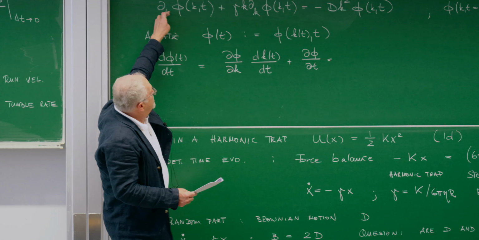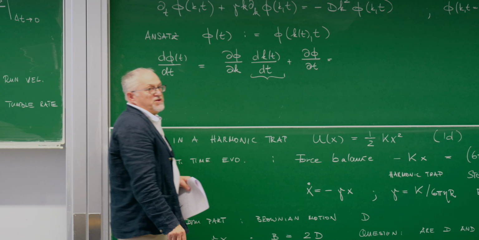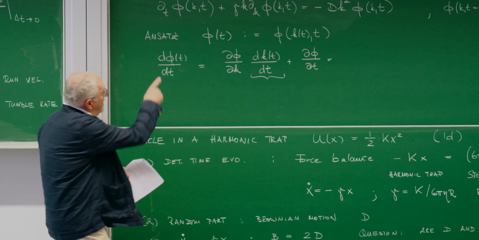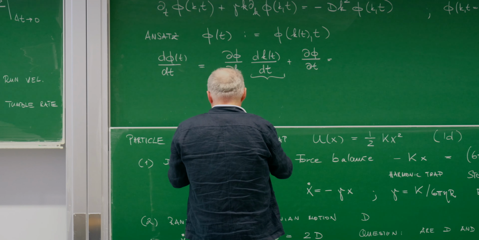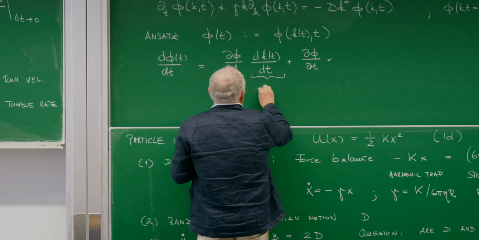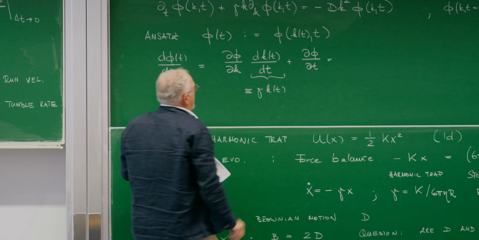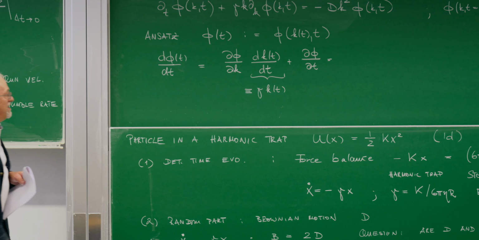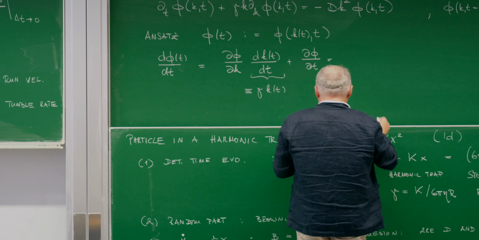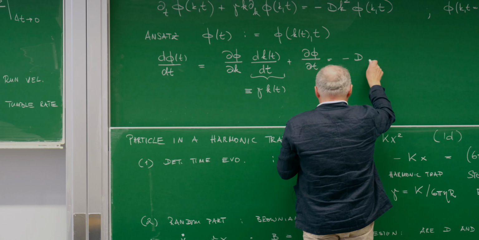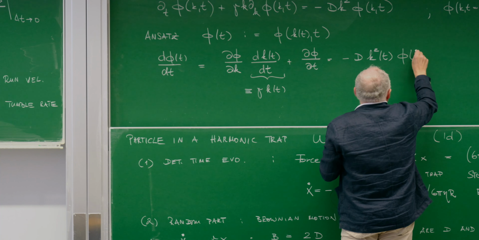If you compare this with the equation above, if I choose the time evolution of this function k of t to be the same as γ k of t, I do get the right-hand side, because this is the differential equation it obeys. So this is then minus D k squared of t φ of t.